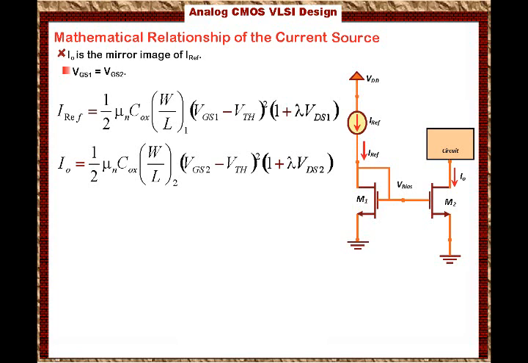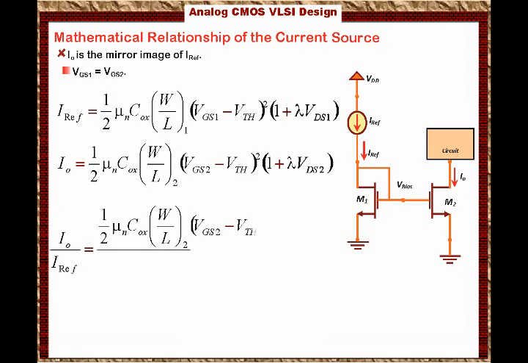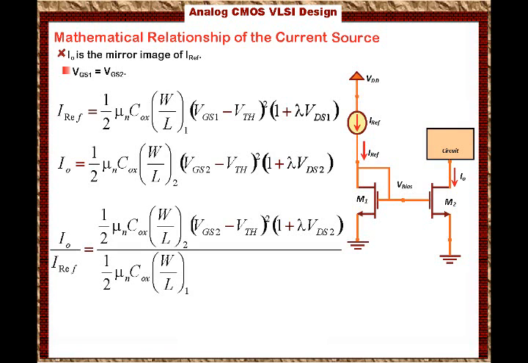What we're going to do next is find the ratio I out over I reference, which is nothing but 1/2 mu n COX W over L2 times (VGS2 minus V threshold) squared times (1 plus lambda times VDS2). This is I out divided by the IREF term, which is 1/2 mu n COX times W over L1 times (VGS1 minus V threshold) squared times (1 plus lambda times VDS1).